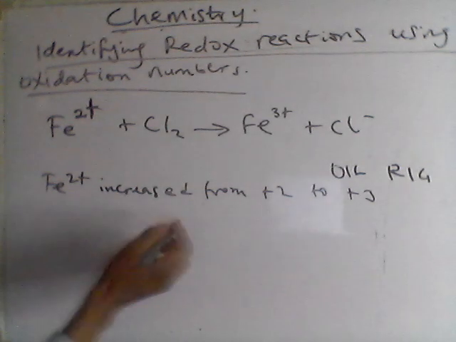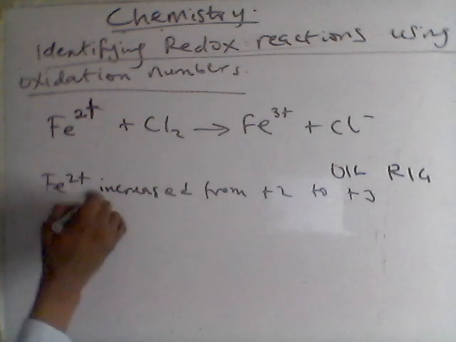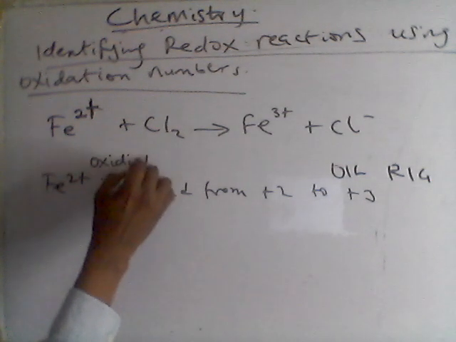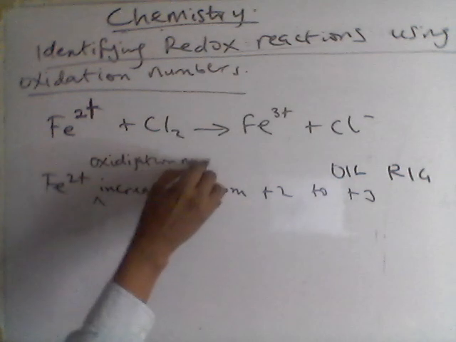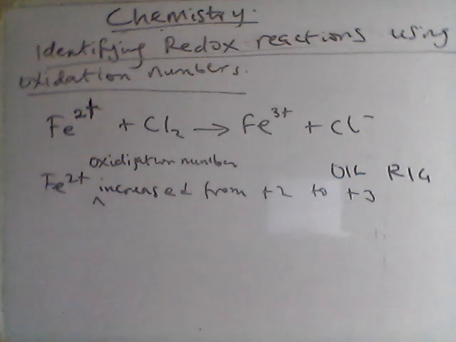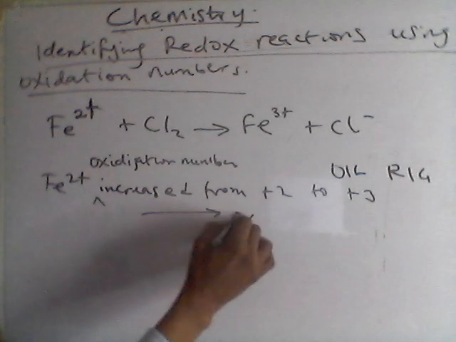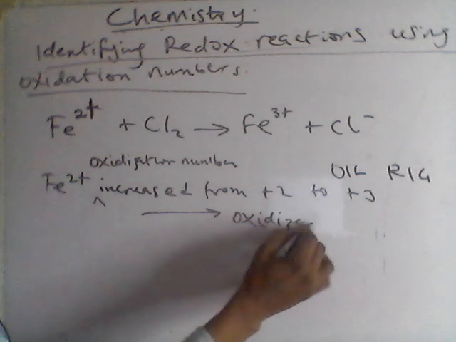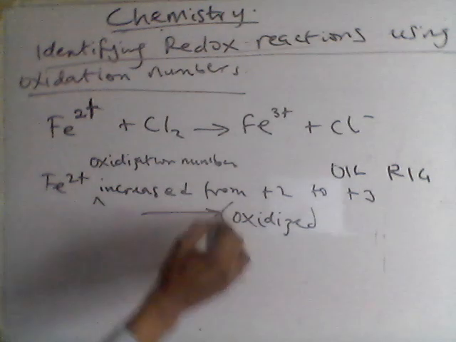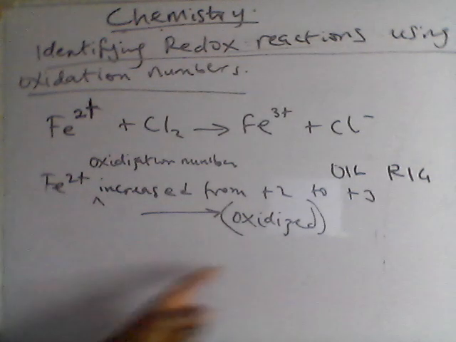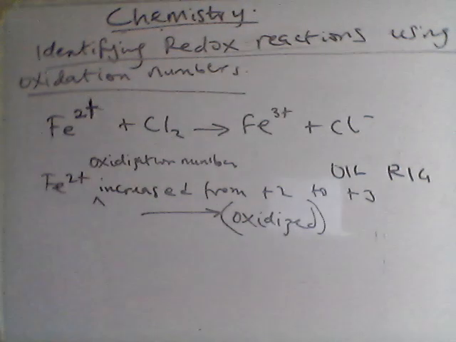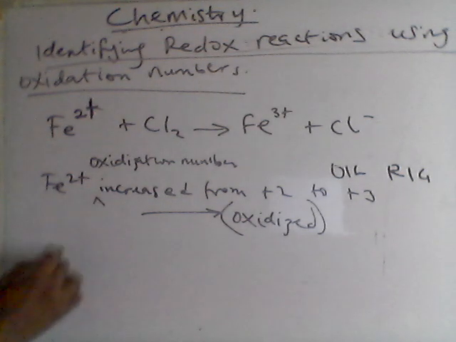That is the copper oxidation number increased from +2 to +3. So therefore it is oxidized. And if it is oxidized, it means that this guy is the reducing agent. Understand?